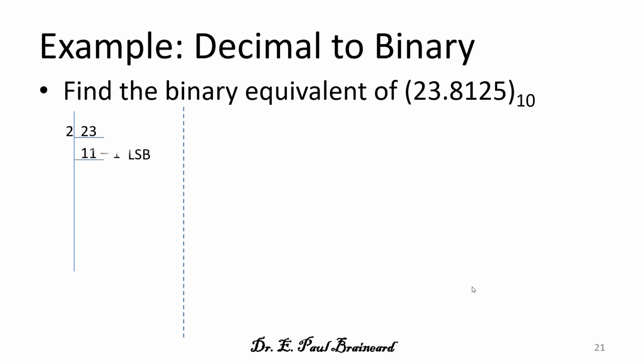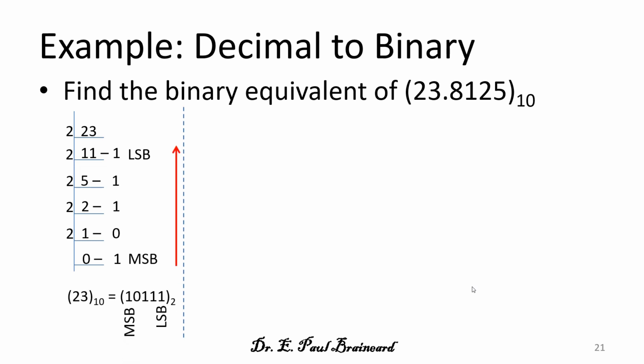Continue the process. So the last remainder is MSB. So 23 decimal is equal to 10111 in binary.